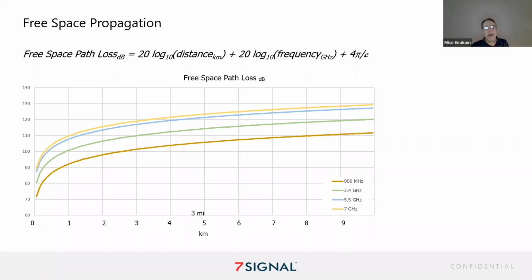And up at the top we have the basic formula for it, and there's really 3 components: the distance, the frequency, and a constant at the end that is going to change depending on the exact units that you use. I think it's obvious why distance is in there.